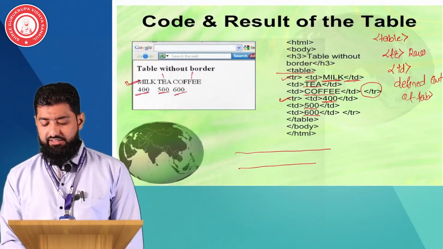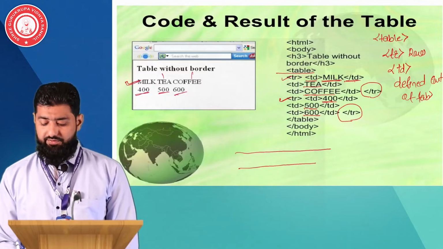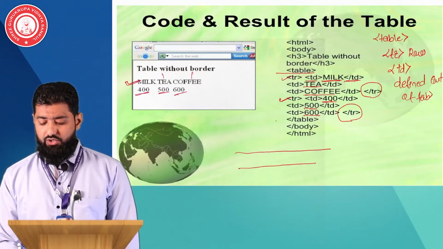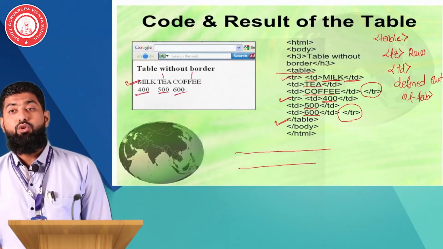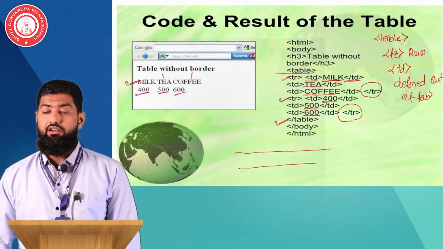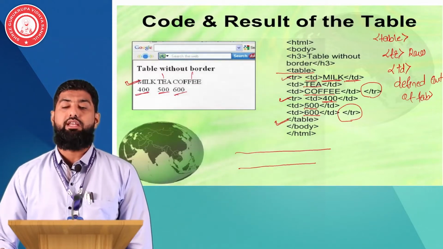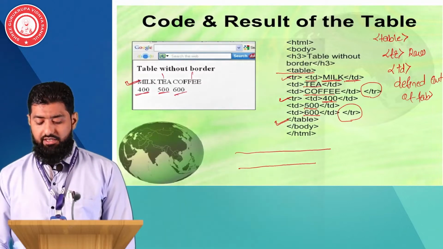After defining these three things, again we close tr. And after defining all the content of a table, you must close the table tag. Why do we close the table tag? Because the table tag is a container tag, and a container tag must have an opening tag as well as a closing tag.